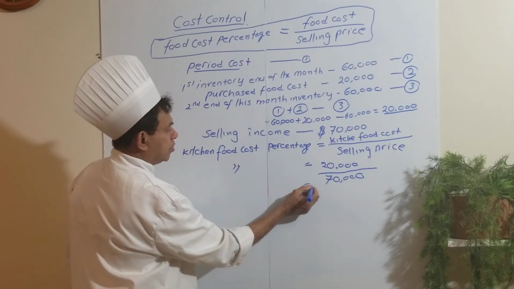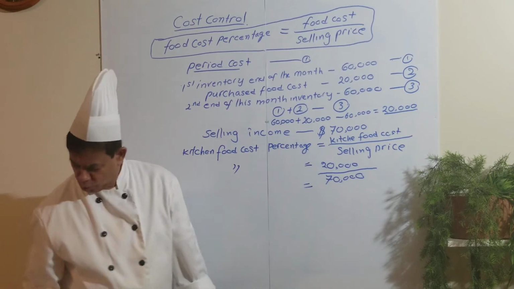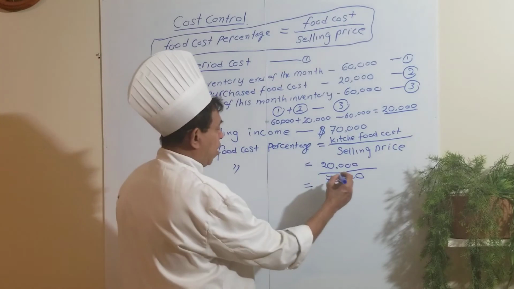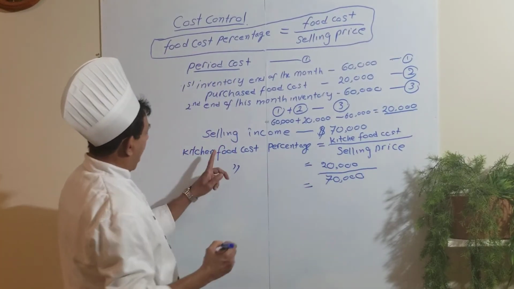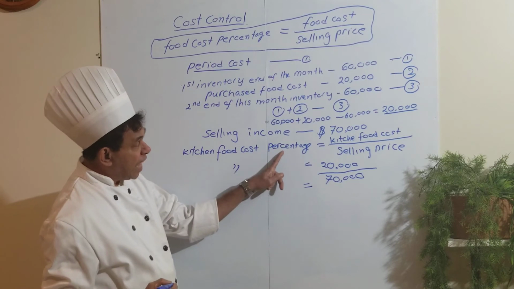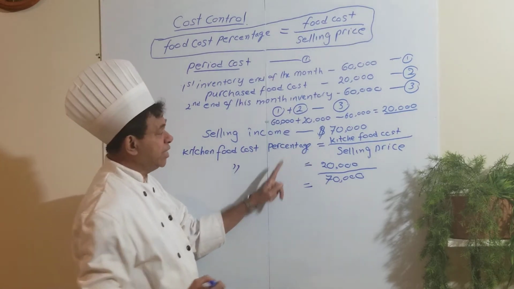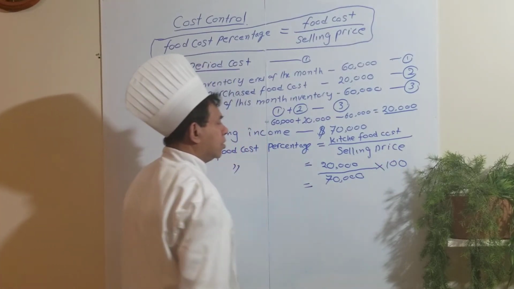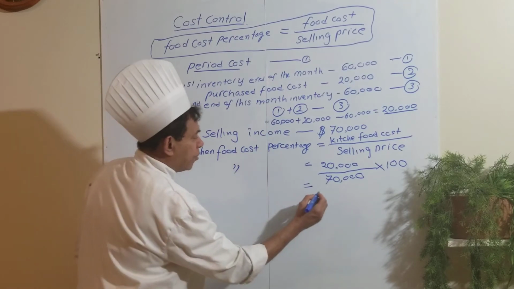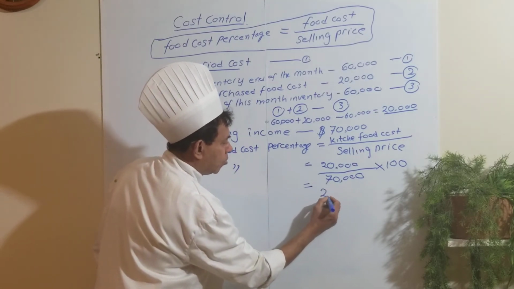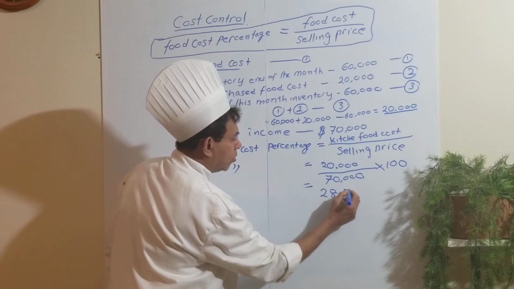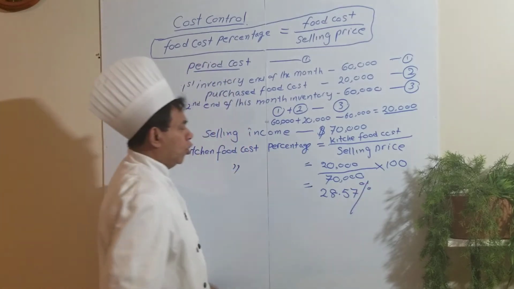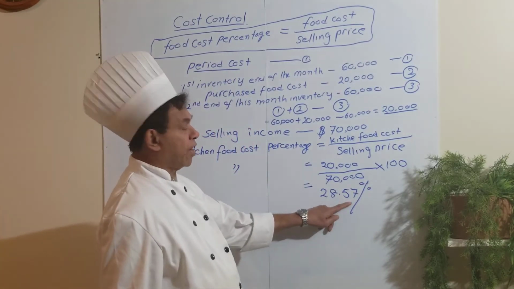Then this one comes, and this one kitchen food cost percentage, we are talking about the percentage, we have to multiply this one by 100. Then my figure coming 28.57%.